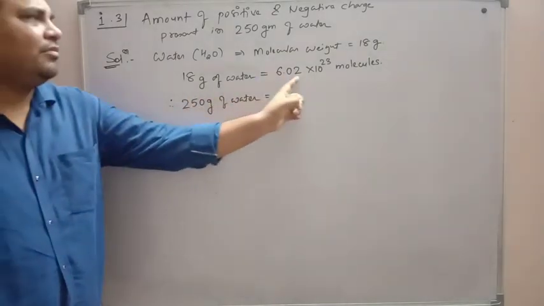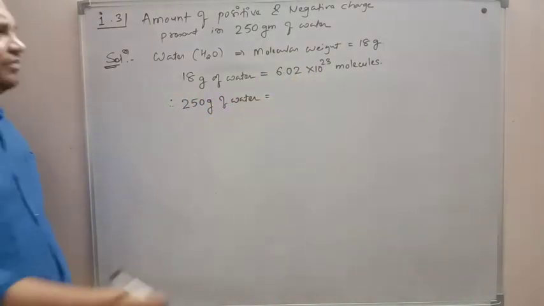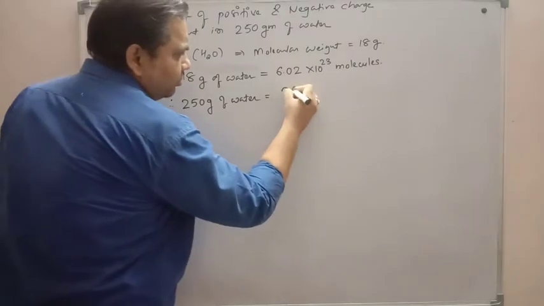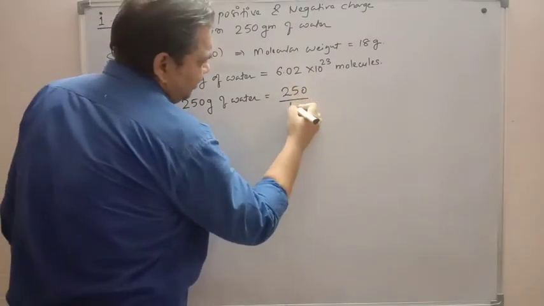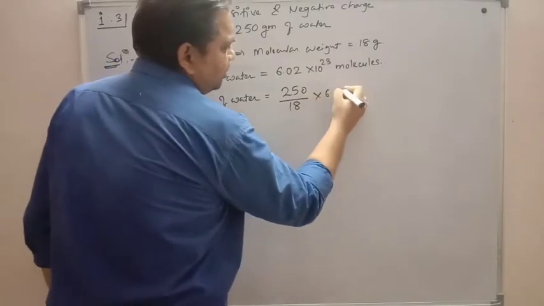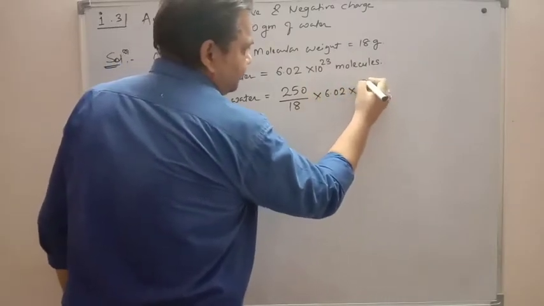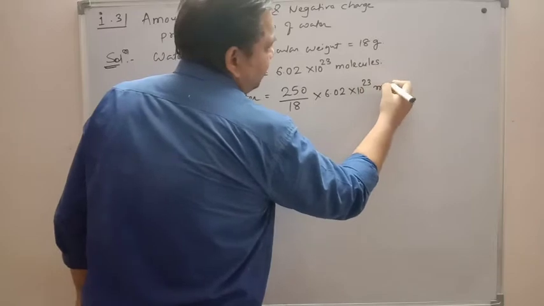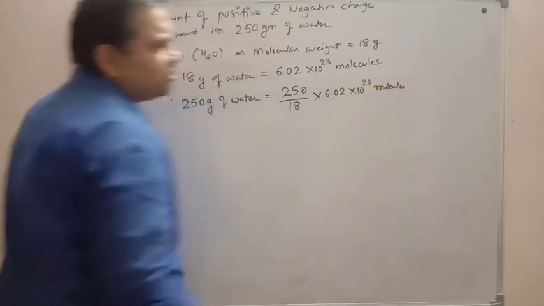If in 18 gram there are this much, so in 250 gram there will be 250 divided by 18 into 6.02 into 10 power 23 molecules.